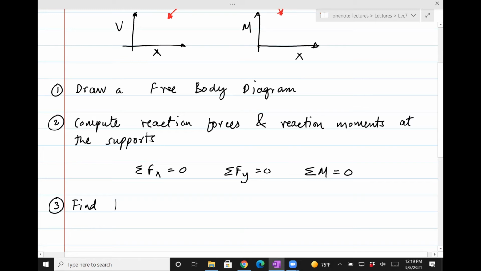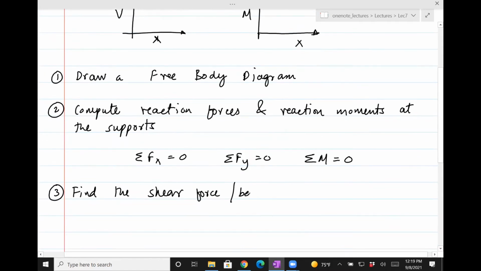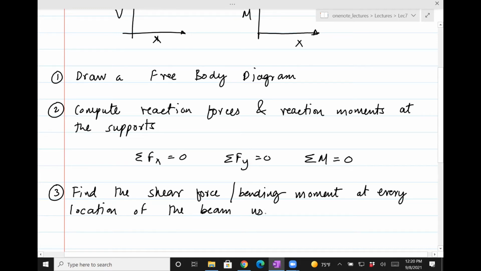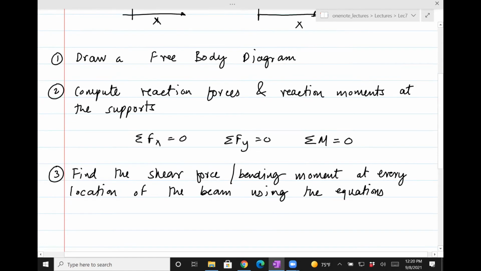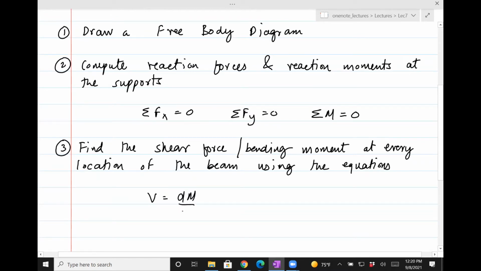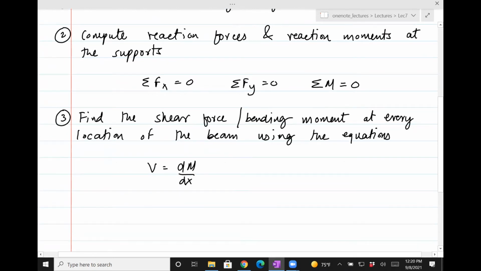So find the shear force, and bending moment at every location of the beam using the equations P equals dM/dx and Q equals dV/dx.